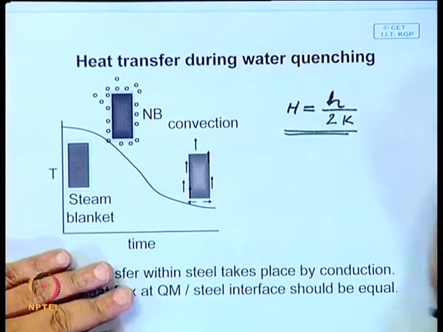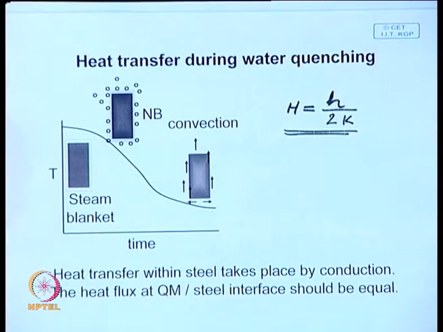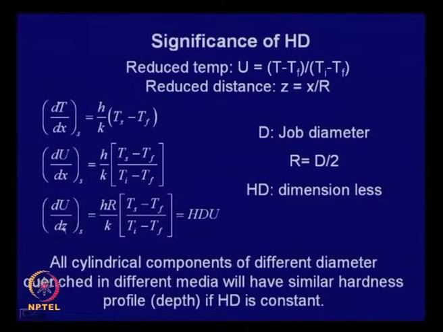Now, look at this here, if you go back here, if you divide this by 2, this becomes twice r here. So, H by twice k is the capital H severity of quench, and times the diameter, 2r is the diameter. So, this entire expression reduces to quenching severity, diameter of the cylinder times u.